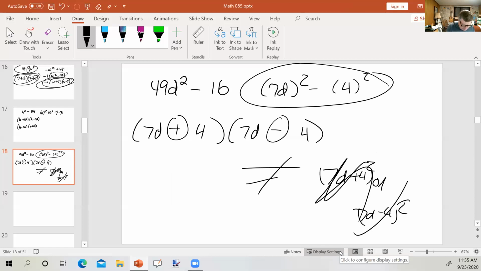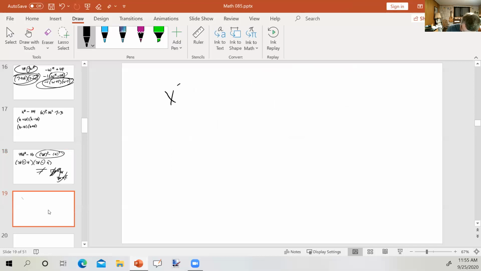What about this? X squared minus 27. I don't know if 27 is a perfect square. Do you have a calculator? Take the square root of 27, see if you get a nice number.